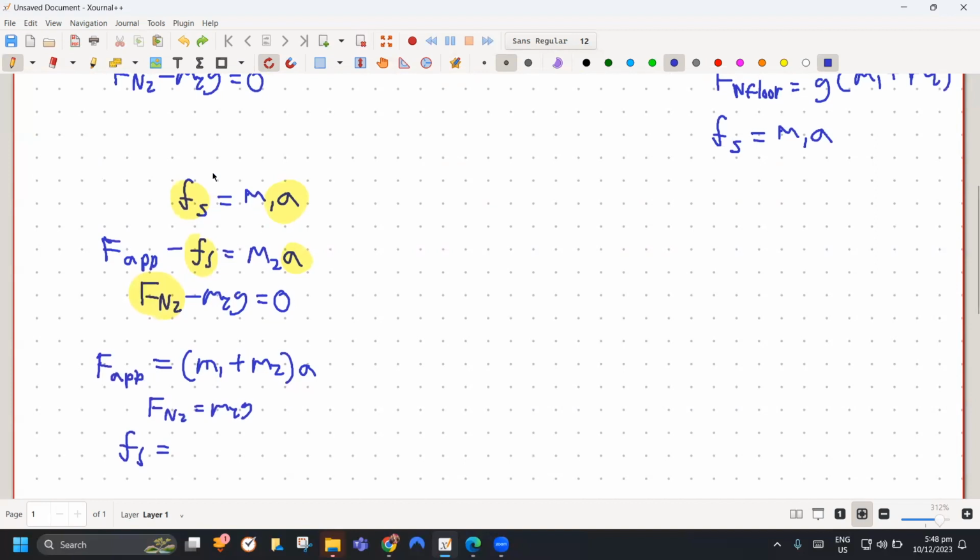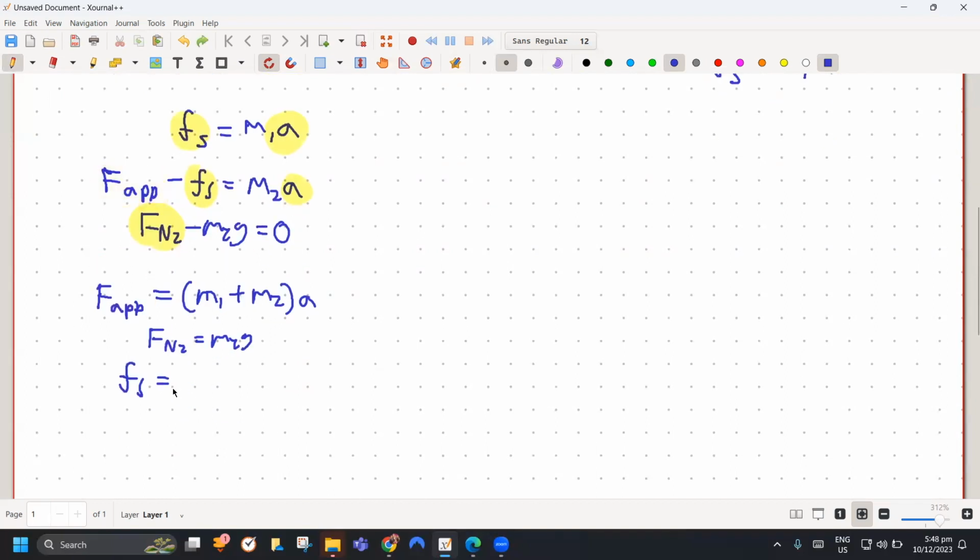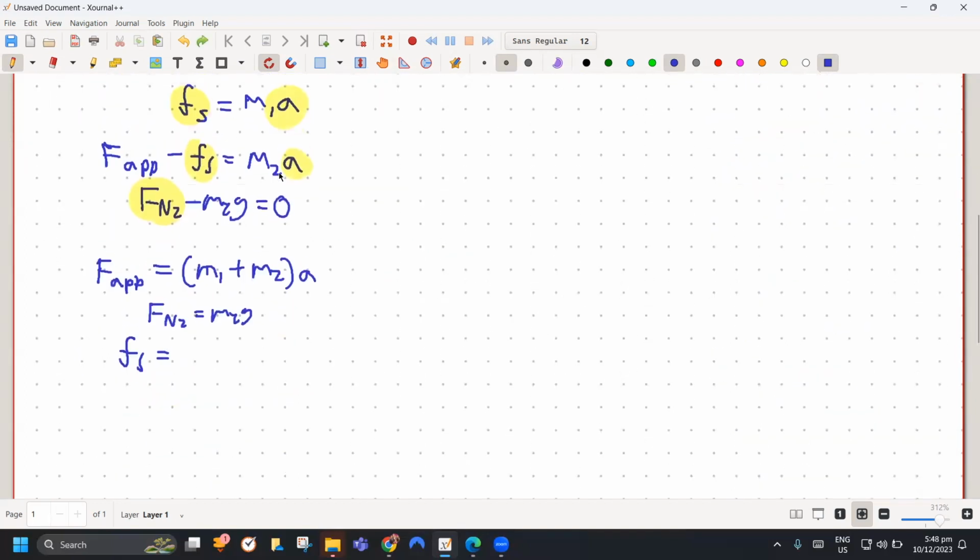So solve those two equations in terms of the variables. F applied is given, we assume. F applied is equal to 100 newtons.